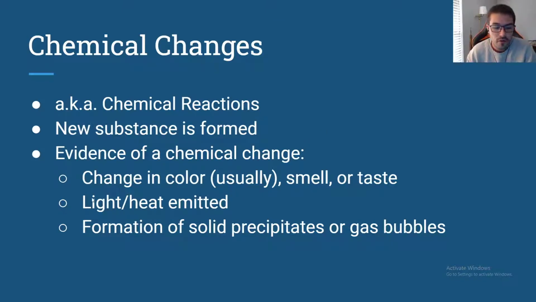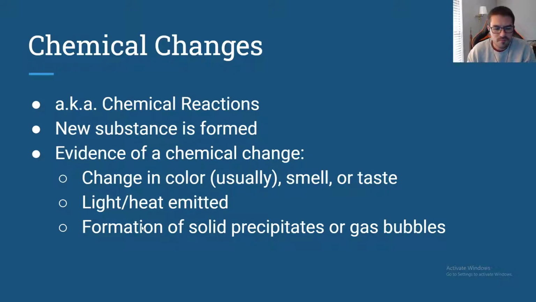One other piece of evidence, or two other pieces of evidence, that you can use for a chemical change: if light or heat is emitted from whatever change is happening, that's darn good evidence that it is a chemical change. I don't know if this is 100% of the time the rule, but in general, if light or heat is being given off, then it is more than likely, think like 95 to 99% of the time, a chemical change has taken place.